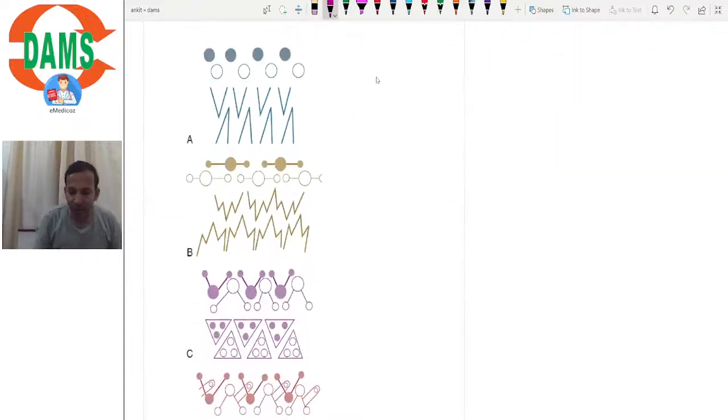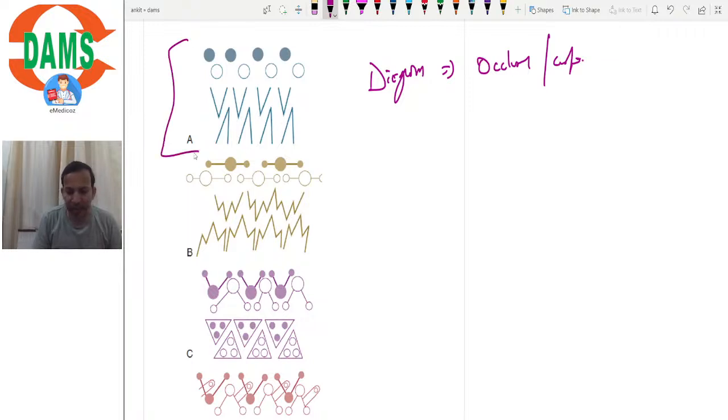So this is a diagram for the various types of cusps and occlusion. So the first one represents a haplodont or a single conical tooth.